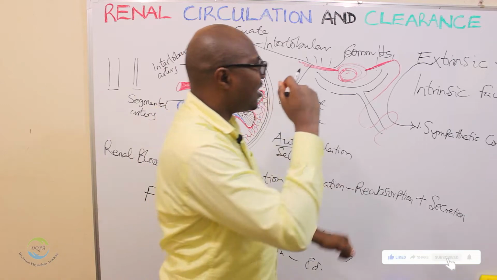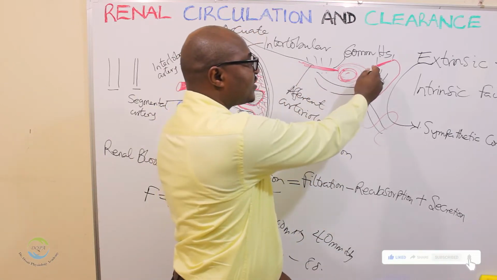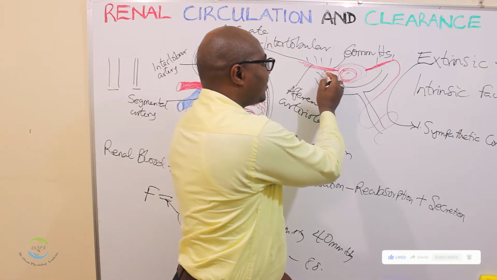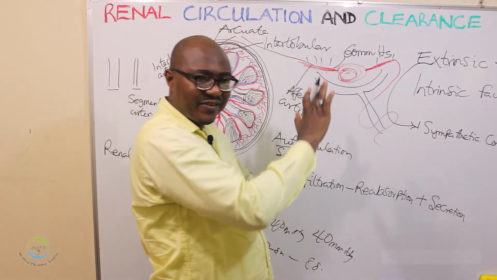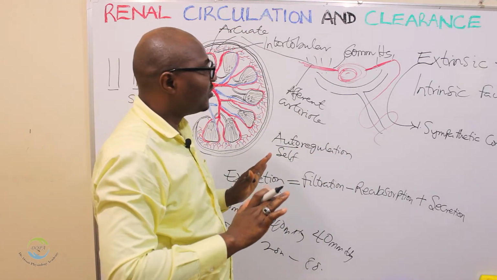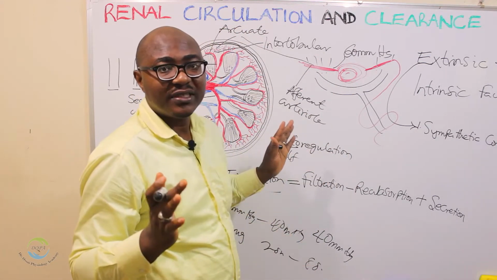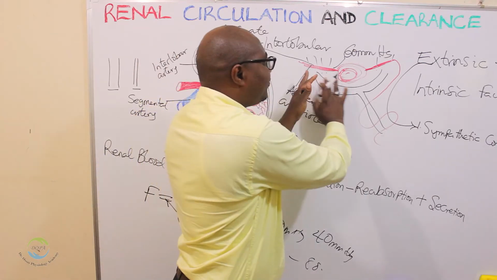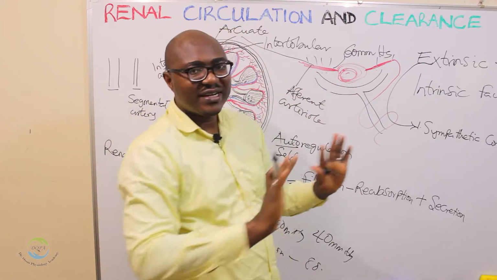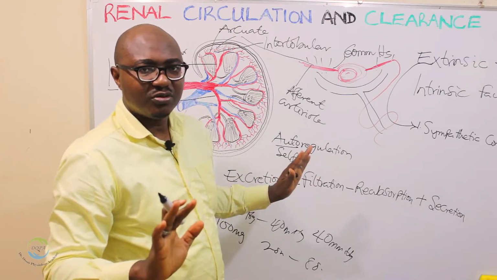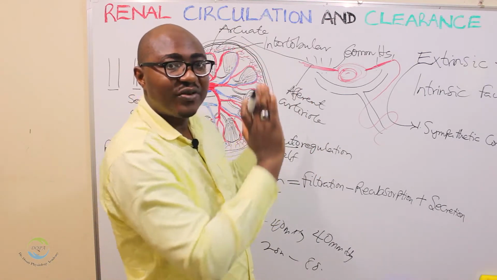It will lead to a lot of constriction of these blood vessels, afferent and efferent, which will greatly reduce renal blood flow and may even stop you from urinating. Because once blood does not flow well into this place, urine cannot be formed. You lead to acute renal failure.